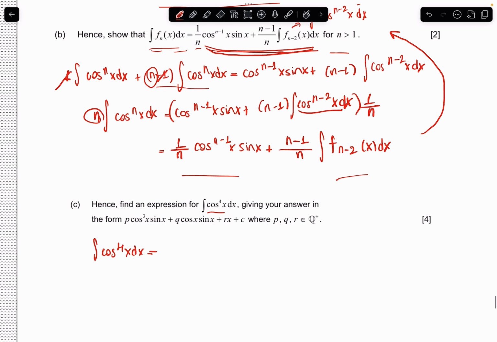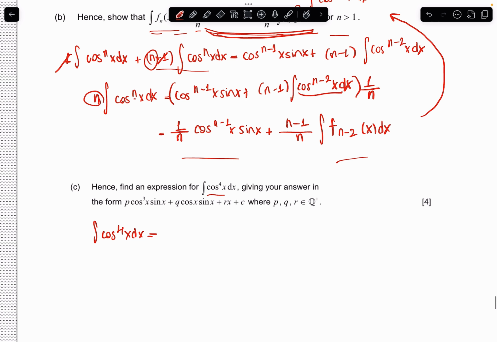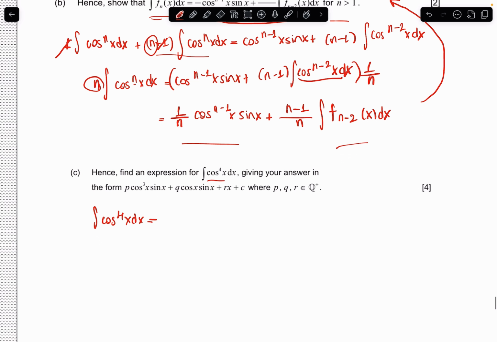So as you can see, cosine to the nth power x dx has transformed into cosine to the fourth power x dx. So I'm going to start with 1 over 4, then cosine cubed x sine x, and then 3 over 4.